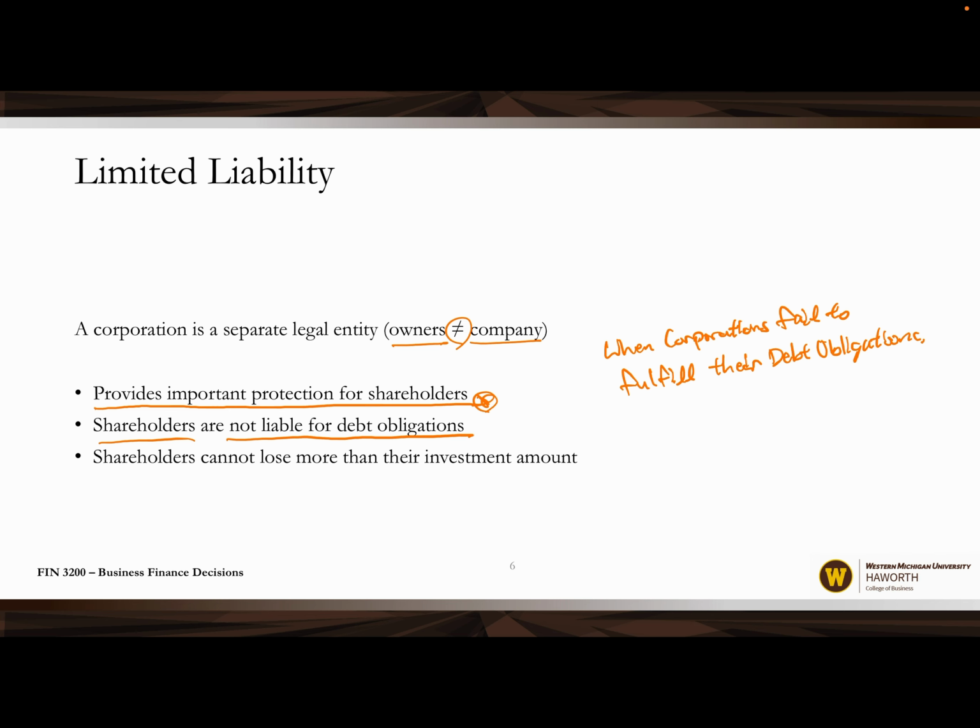So when corporations fail to fulfill their debt obligations, they'll go bankrupt. And in a bankruptcy scenario, creditors can go after the wealth of the company, right? So let's go back.